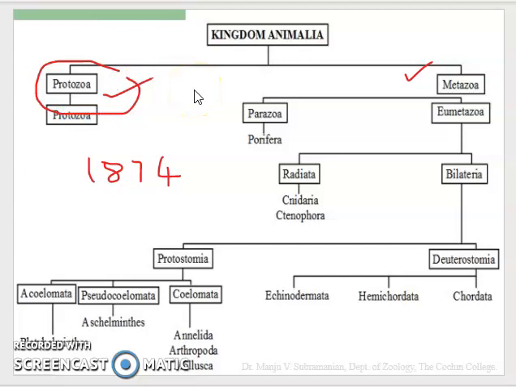And in modern times, the biological classification of animals relies on advanced techniques such as molecular phylogenetics, which are more effective in demonstrating the phylogenetic relationship, or the evolutionary relationship, between the taxa.